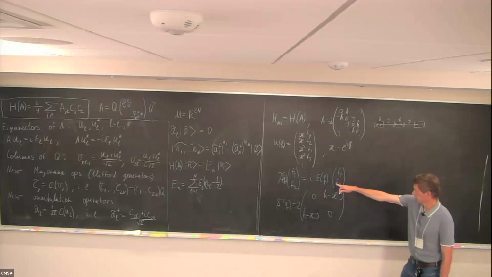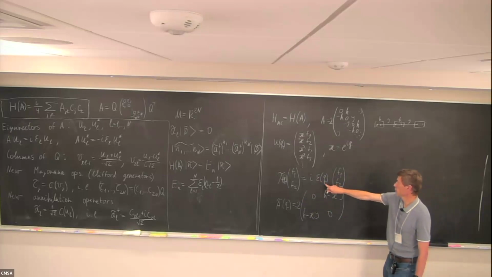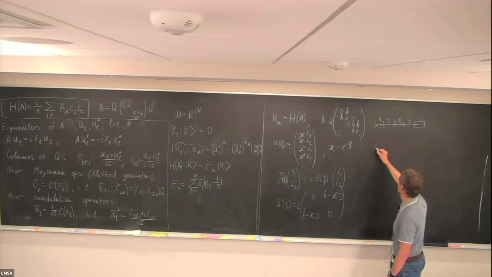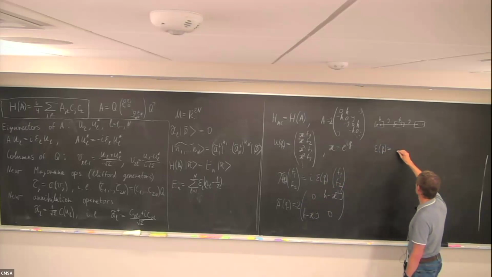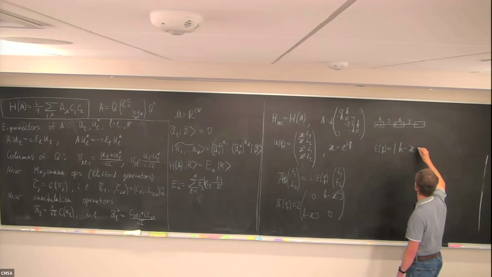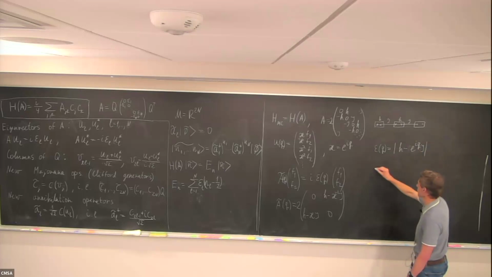And the spectrum is given by epsilon of q. Epsilon of q is basically the absolute value of H minus, let me just say, e to the iq times J.